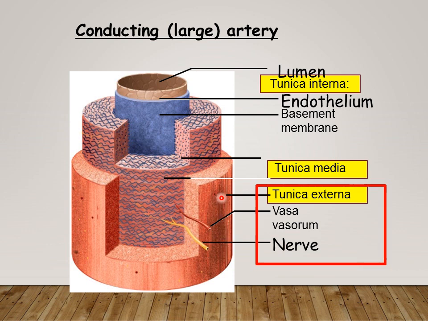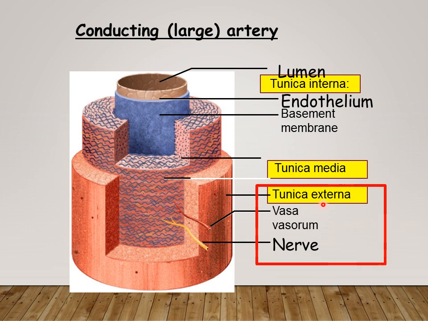So you must remember that a blood vessel generally has three important coats. The innermost is the tunica interna, the middle one, which is the middle coat composed of muscular tissue, is tunica media, and the outer fibrous coat is the tunica externa. And from that tunica externa, you can also see the vasa vasorum and the corresponding nerve passing through it.